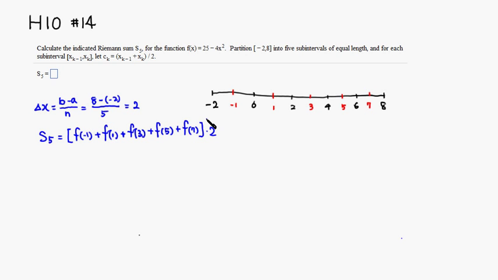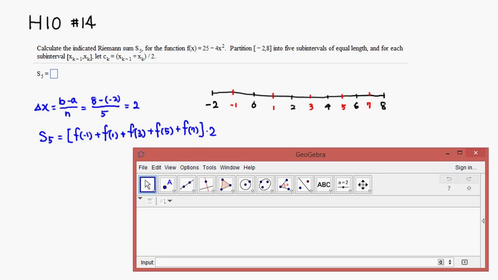I'm going to cheat a little bit and use GeoGebra to compute this. First we define f of x, which is 25 minus 4x squared, and hit enter. Now GeoGebra knows the function, so we find f of -1, f of 1, f of 3, f of 5, and f of 7, then multiply by 2.